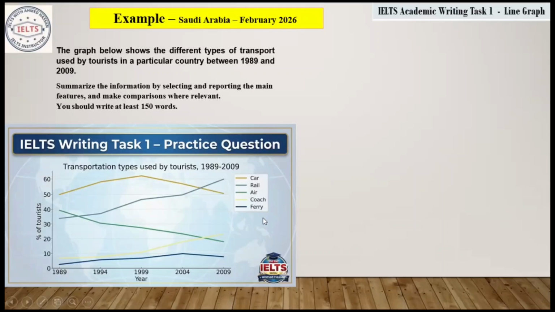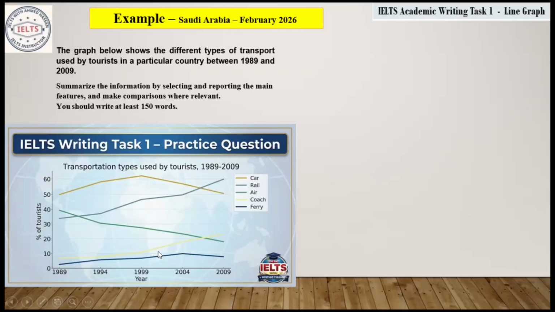There is one significant point you should focus on: you should see the key of the graph. You have a key of five colors. One for car, one for rail, one for air, one for coach, one for ferry. So you should see them well and know the difference between them because you will describe them.